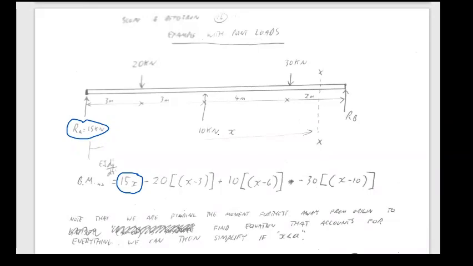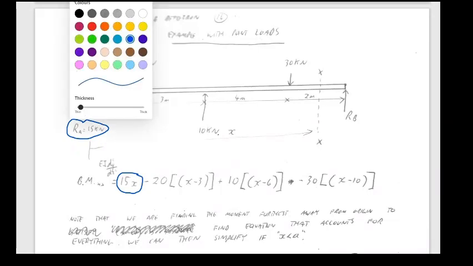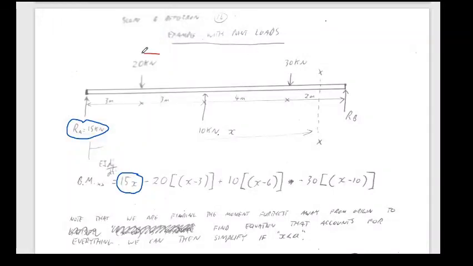Next, we've got our 20 kilonewton load. Now, our 20 kilonewton load is acting downwards, so that's why we've got minus 20. How far away is that? Well, from here to here is X, and this distance here is 3.